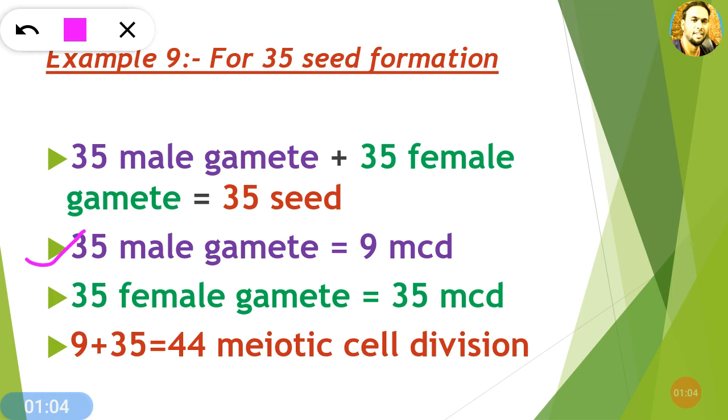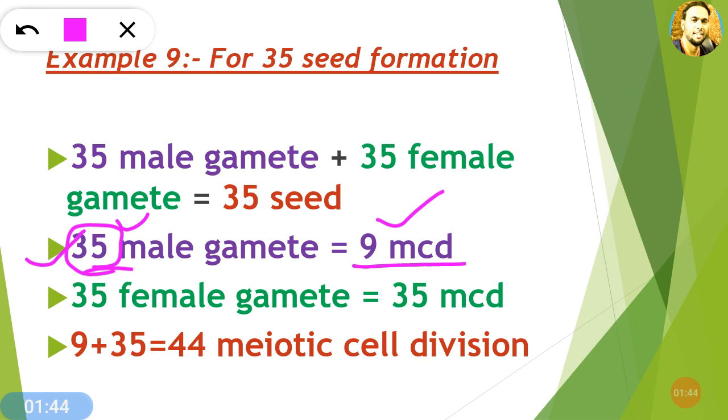Likewise 9 meiotic cell divisions will form these 35 male gametes, because one meiotic cell division will give you 4 male gametes, 2 will give 8, 3 will give 12, 4 will give 16, 5 will give 20, 6 will give 24, 7 will give 28, 8 will give 32, and 9 meiotic cell divisions will give 36, out of which our demand is 35.